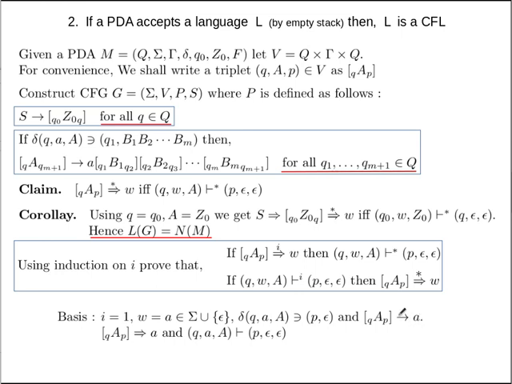Why? This comes from our definition here, right? So what are we trying to prove? We are trying to prove this statement, right? For this single step process.